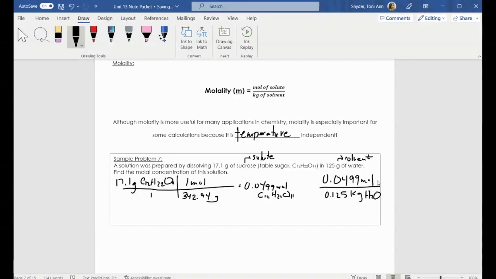Kilograms of water per moles of, I'll just do sucrose here rather than writing out the formula. And then your final answer should be 0.399 molal. So you would have produced a 0.399 molal solution if you had these conditions for a sugar solution.